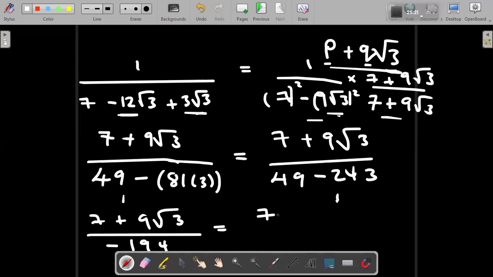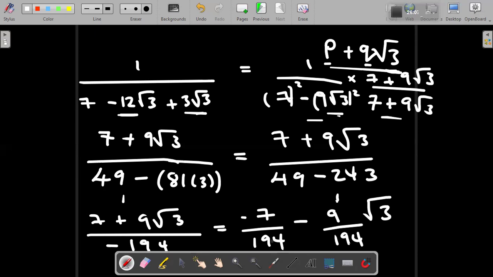So from here, I can divide through to give me negative 7 over 194, then minus 9 over 194 root of 3. Now at this stage you check, can I simplify this further? Okay, 7 cannot divide into 194, so I just leave it like that.